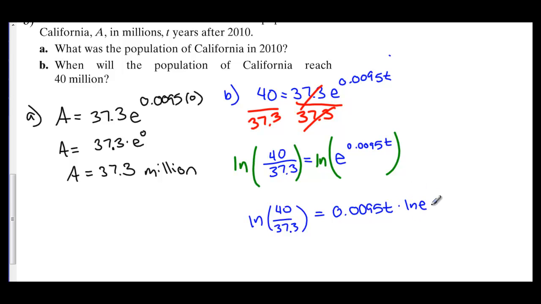Again, this natural log of e is the same as times 1, so we're not going to worry about it. I'm just going to erase it because it's the same thing as multiplying by 1. Then our next step, to get this t by itself, we need to move that 0.0095, and we're going to do that by division. So divide both sides by 0.0095.